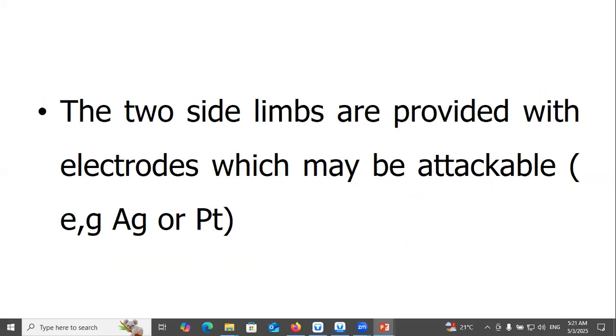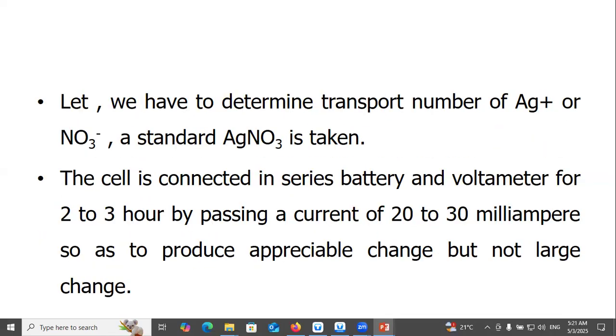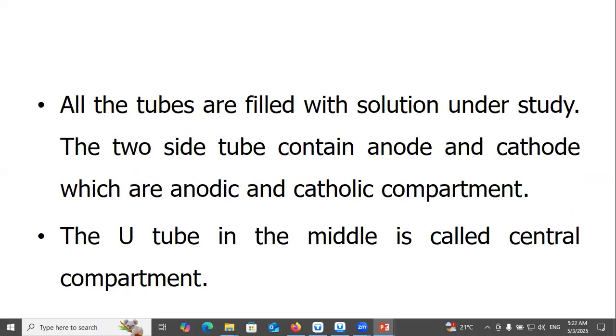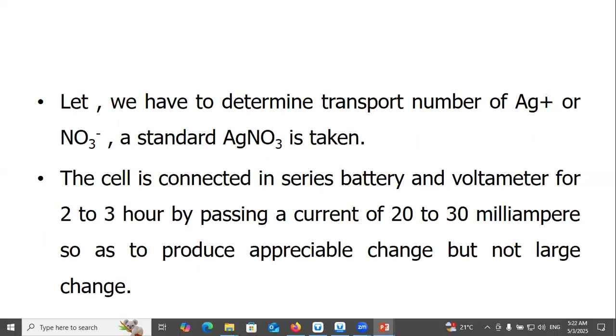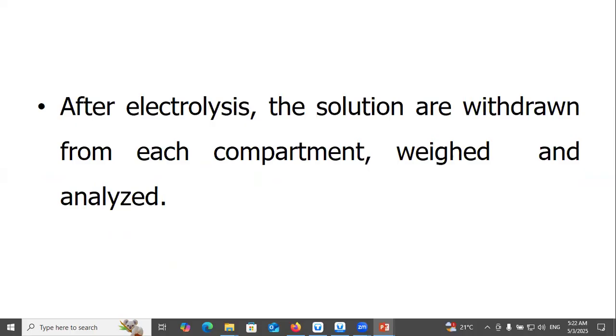A current of 20 to 30 milliampere is passed so as to produce an appreciable change but not a large change.